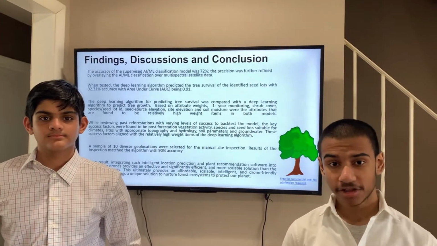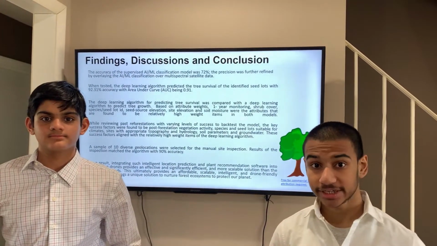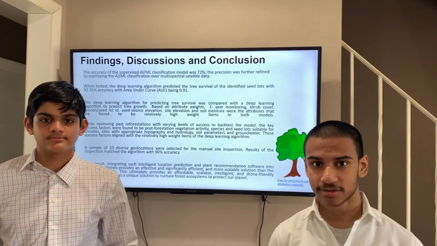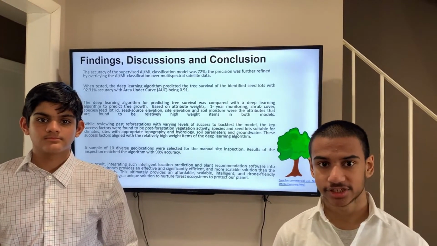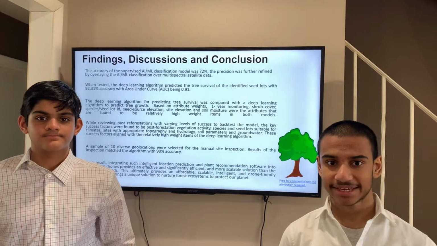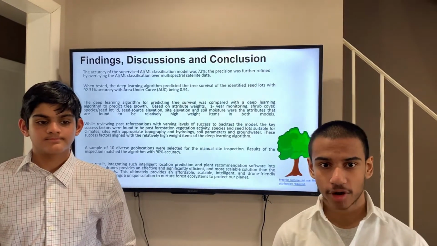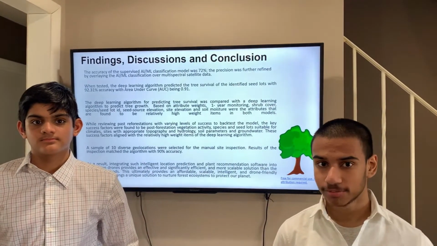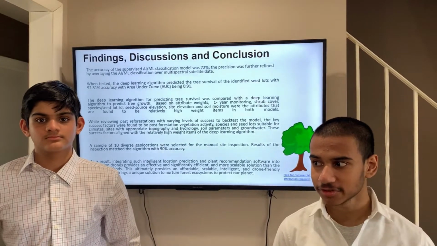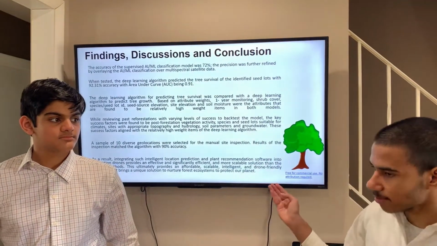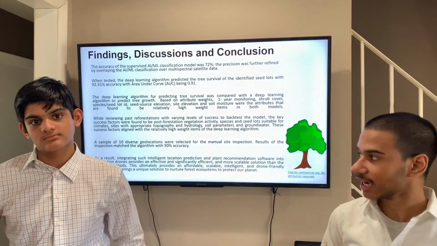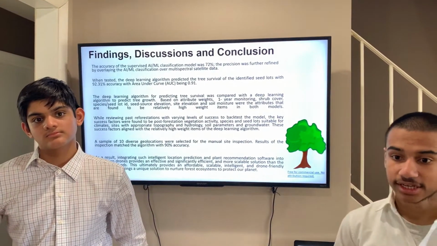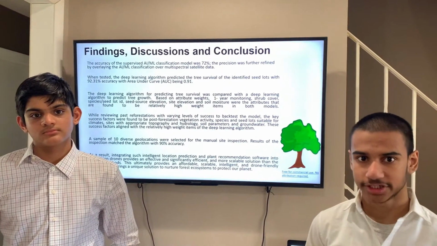Next, we built another deep learning model that could predict tree growth, and we compared it to our original model that predicted tree survival, and we found that the attributes that were highest weight in both models, the ones that were most important to the growth and survival of the tree, were 1-year monitoring, shrub cover, species or seed lot ID, seed source elevation, site elevation, and soil moisture.